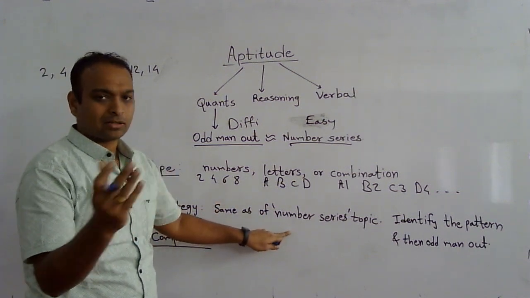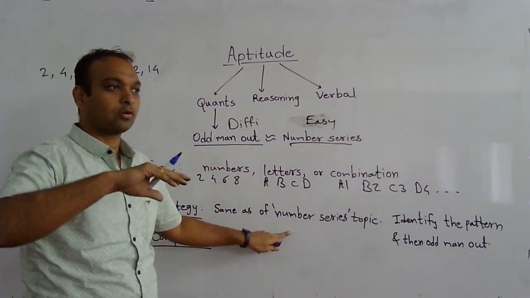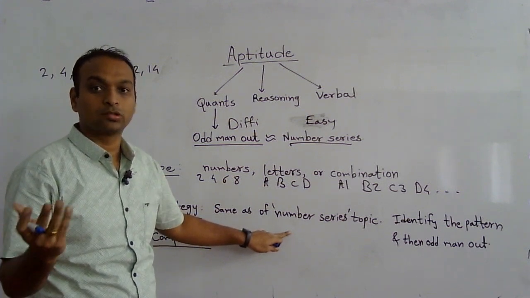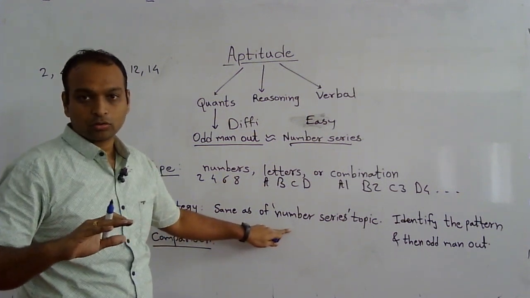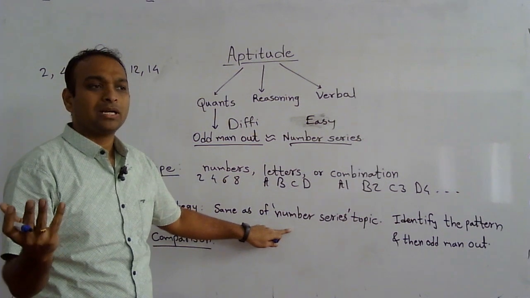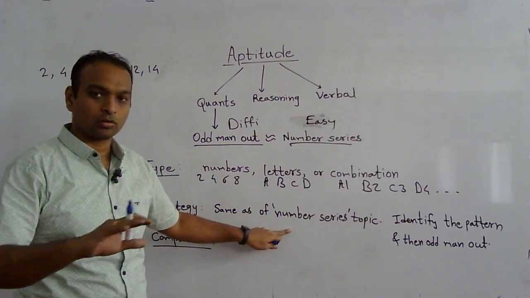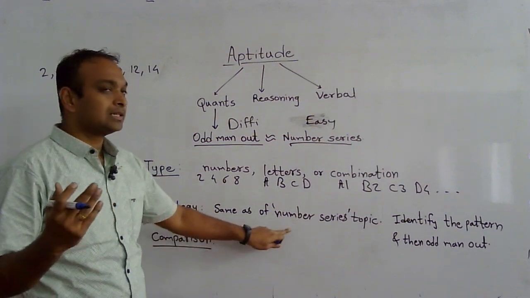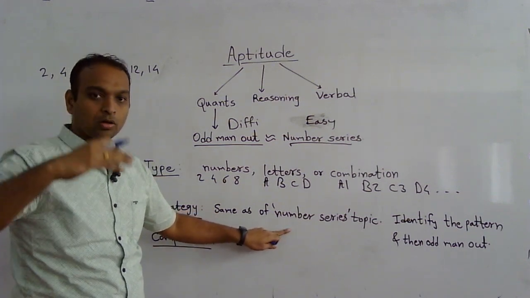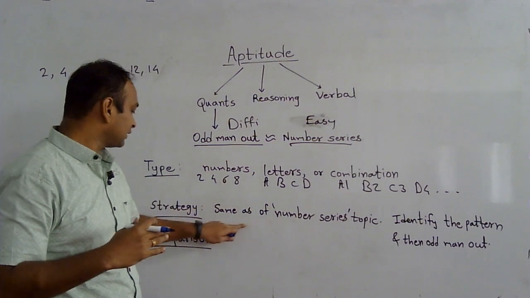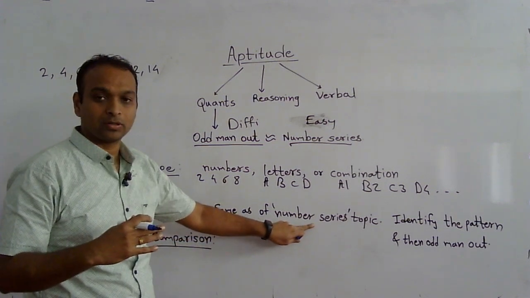If that logic is also not working, then we can go for squares, cubes, square roots, cube roots. If that is also not working, then we can go for multiplication, division kind of logic. If that is also not working, then we can go for a combination of the above logics. This is how we saw the strategy in number series.